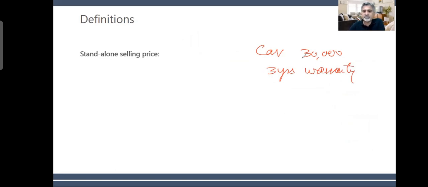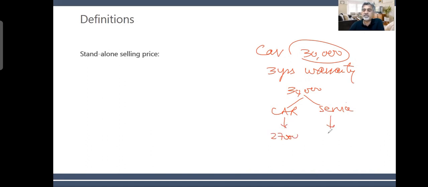So inside of this 30,000, it's a package deal. It includes 2 items: one is the car and one is the service. Car is 27,000, let's suppose, and service is 3,000 for 3 years.